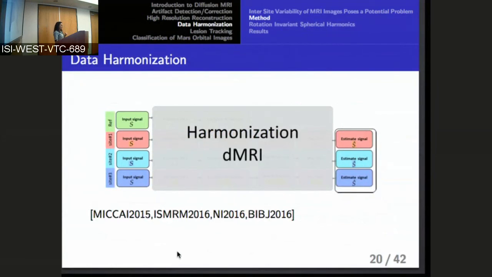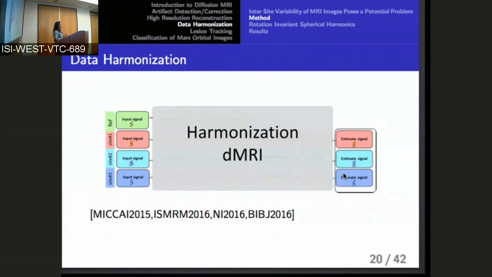But in this pipeline, we were given images of subjects which were age matched, gender matched, and healthy. We make sure that all of these subjects are similar to each other. We have images at different centers, green for example Siemens in Boston, and red Siemens in LA, and so on.